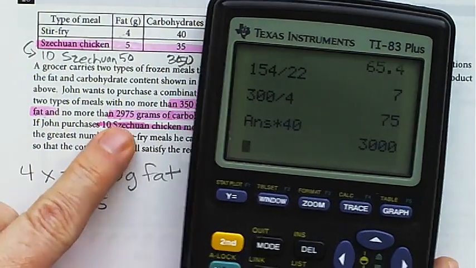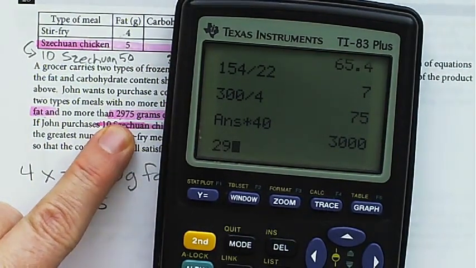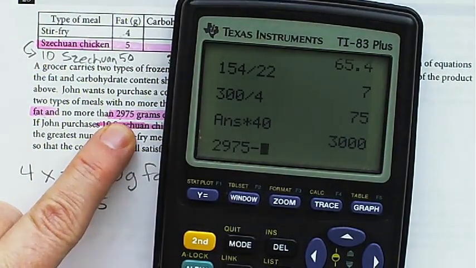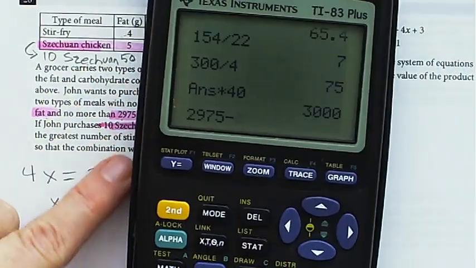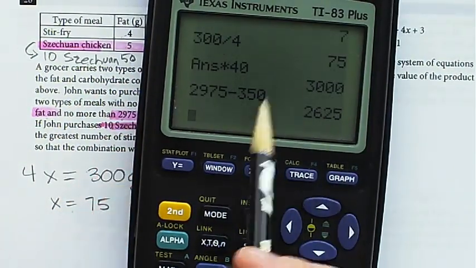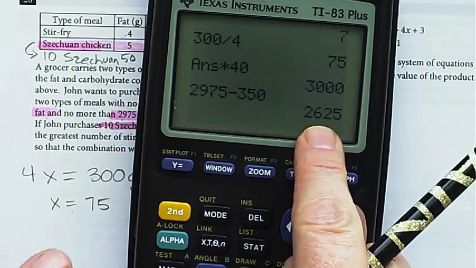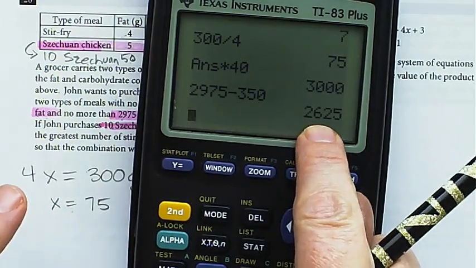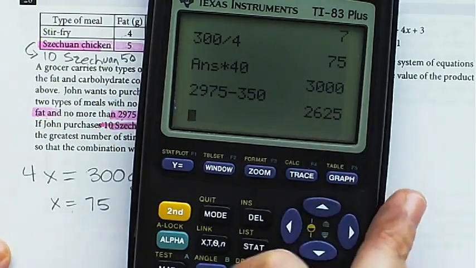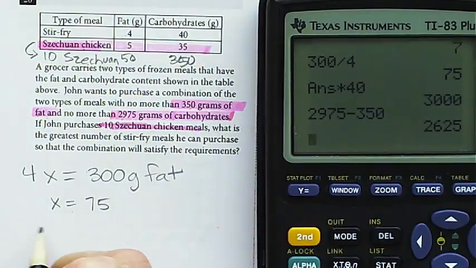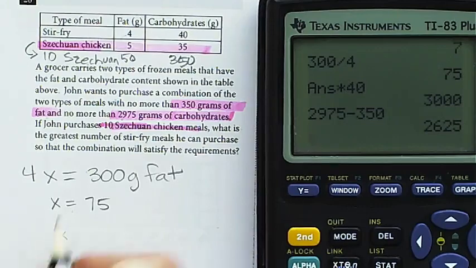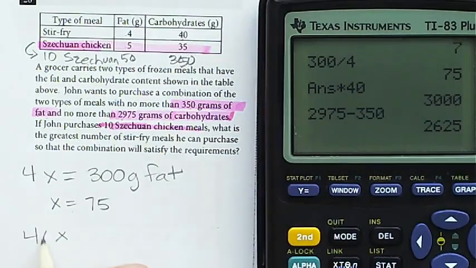So I'm going to look at this 2,975 and subtract 350, because he's already purchasing the 10. So we don't want the carbs to exceed 2625. So let's do how many meals times 40 grams of carbs would give me 2625.